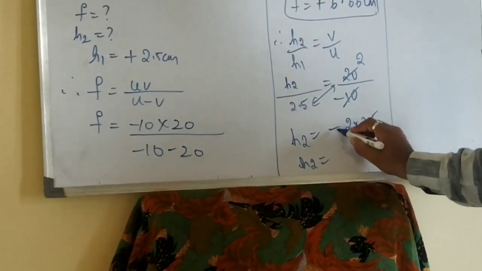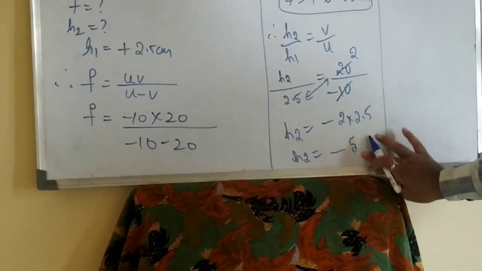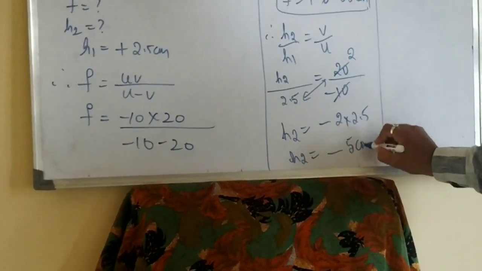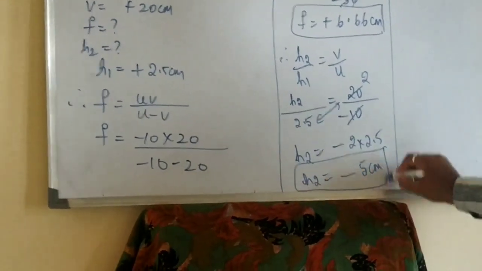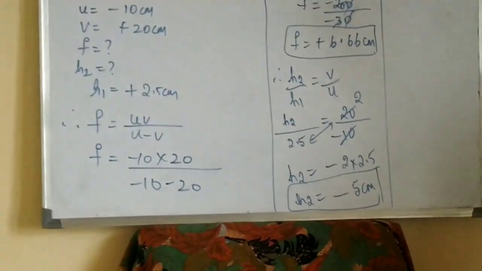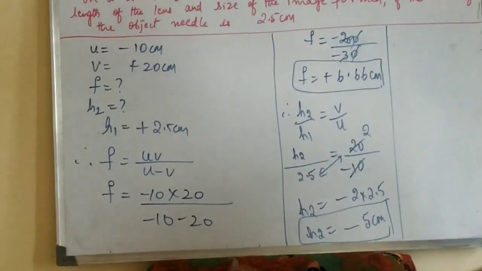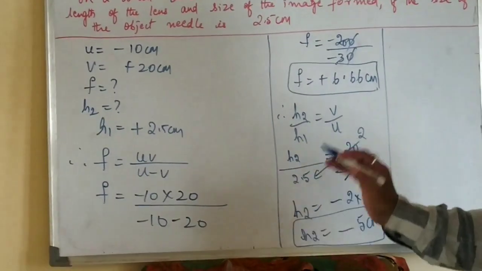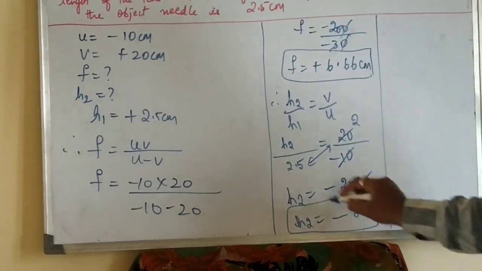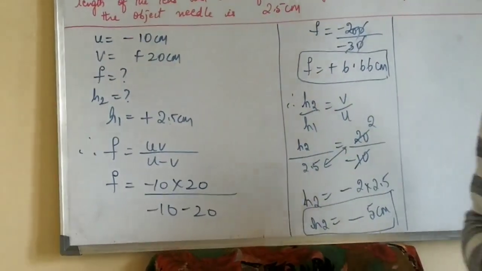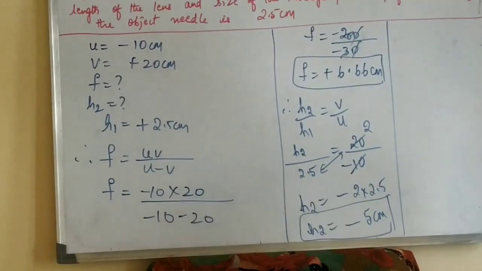Minus into plus is minus, you will get minus 5 centimeter as the height of the image. Height of the object is plus 2.5, height of the image is minus 5. Forgetting the signs, the height of the image is greater than the height of the object.